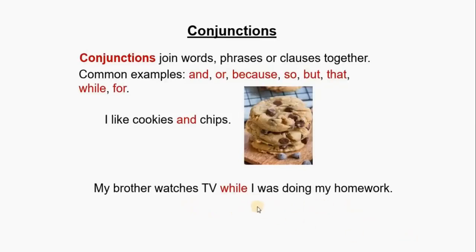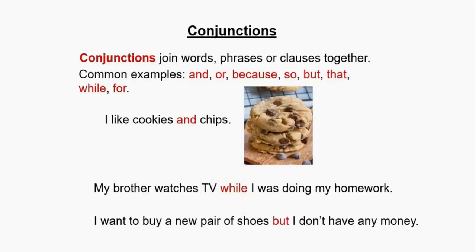And the conjunction while joins these two clauses together because we don't want to make separate sentences, because these two clauses are related in time. So we want to join them together with the conjunction while. Alright?